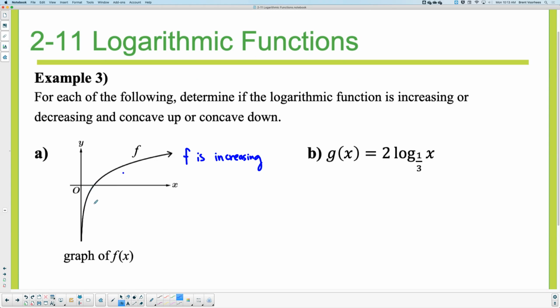Is the slope increasing? If you started drawing a bunch of little slopes, what's actually called tangent lines, what's happening to the slope of each subsequent tangent line? It's decreasing. So would I call this concave up or concave down?